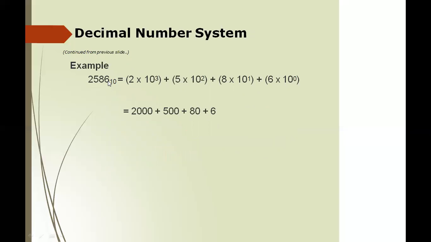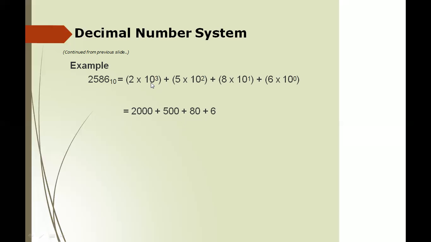We multiply each digit by its positional value. 6 is in the unit position, 8 is in the 10th position, 5 is in the 100th position, and 2 is in the 1000th position. We multiply each with its positional value, and by adding all these values we get the number. Here the base is 10, that's why we use 10 here.